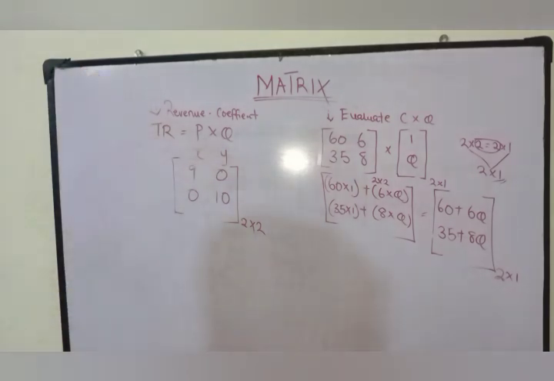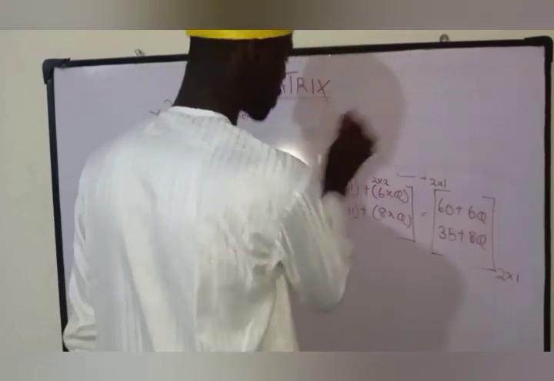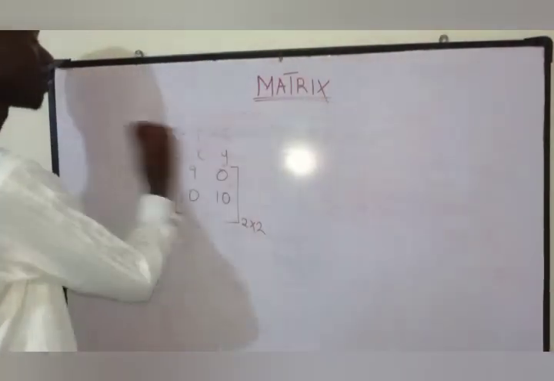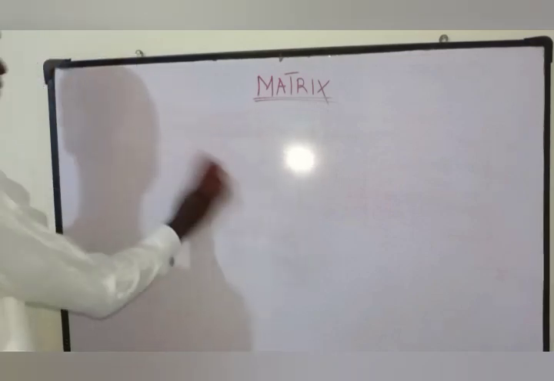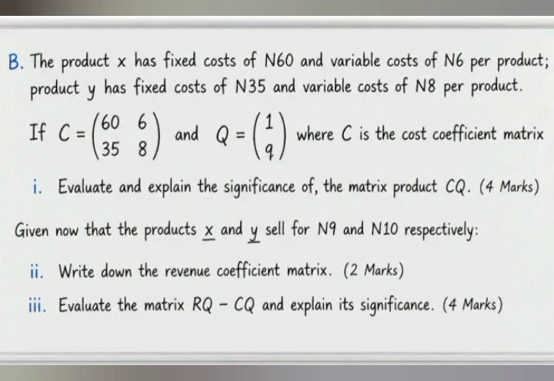Okay, are you getting it? So let's proceed. Now, the last requirement, Roman figure 3, asks us to evaluate RQ minus CQ.